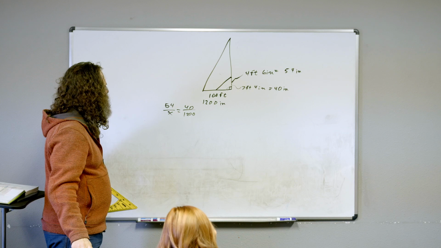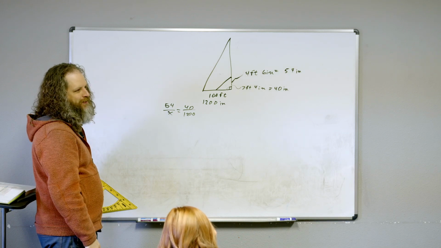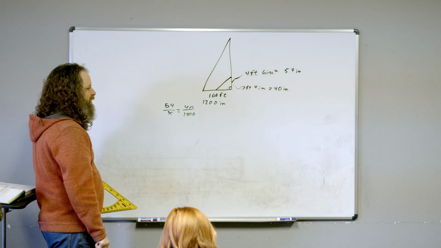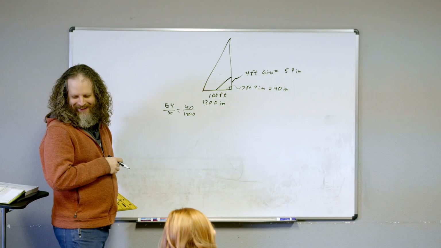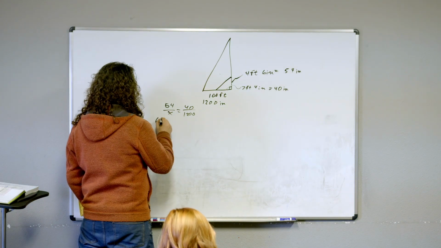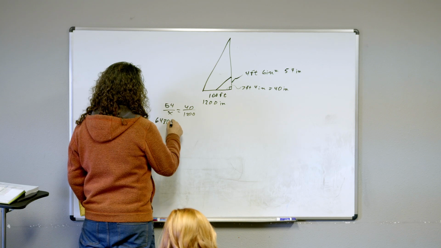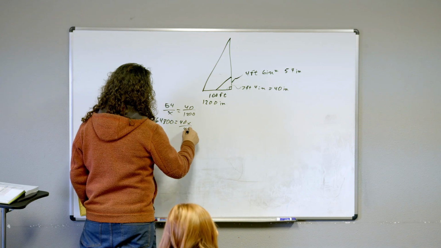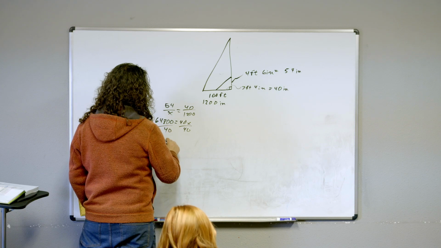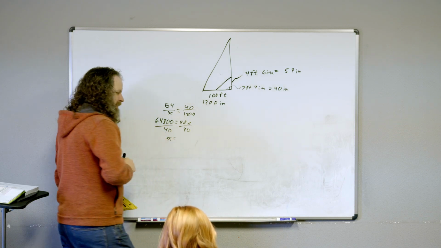Now what? What's 54 times 1,200? Other than a whole heap. 648. There's no way that's right. 64,800. Is that what you said? Divide by 40. And we end up with x equals how many?